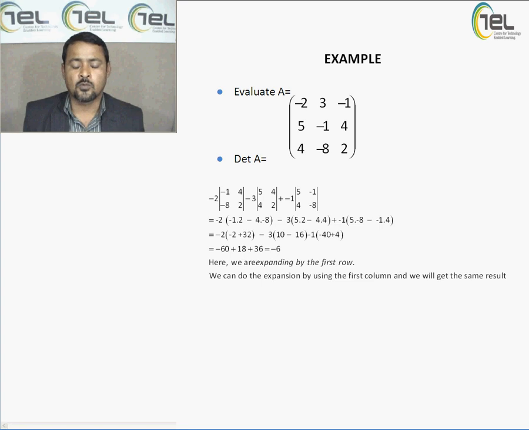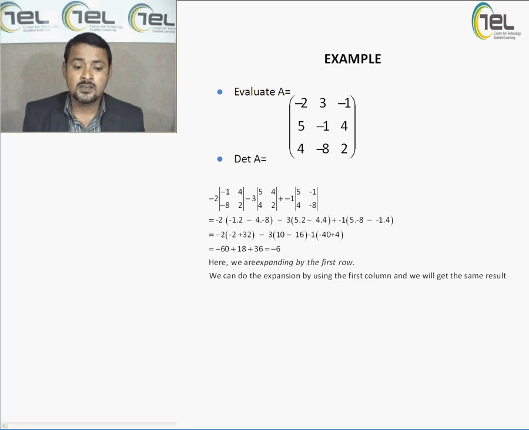Then minus sign, we put 3, the second number in the first row, multiplied by the minor of 3, which is by eliminating from the matrix the first row and the second column, you get 5, 2, 4 and 4. Then plus sign into -1, the minor of -1, which is 5, -8, -1 and 4.